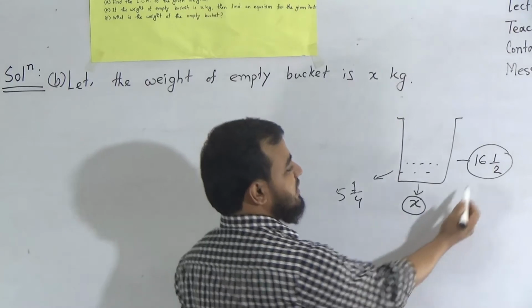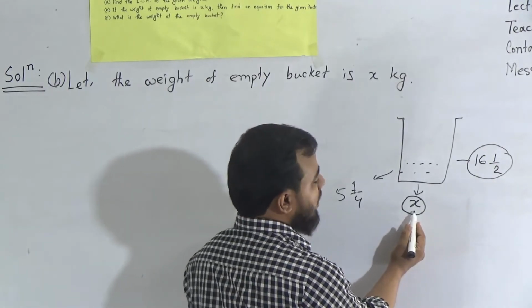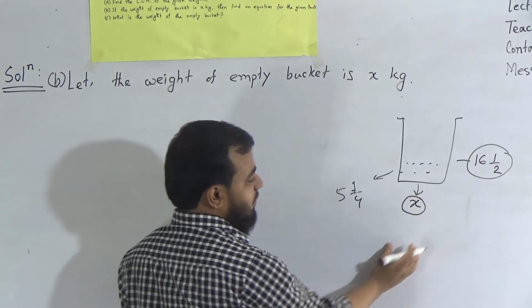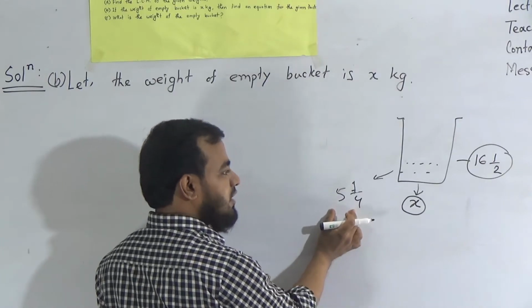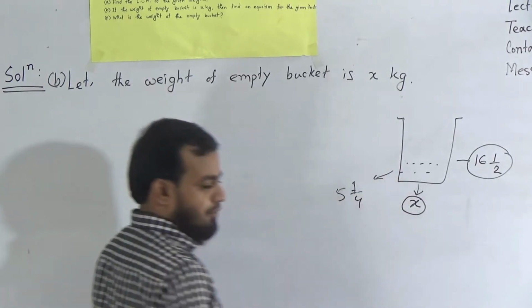So from 16.5 we subtract x kg, and we will get the total weight of only water. And when we subtract x from 5 and 1/4, we will get the water's weight only when the water is 1/4 of this bucket.